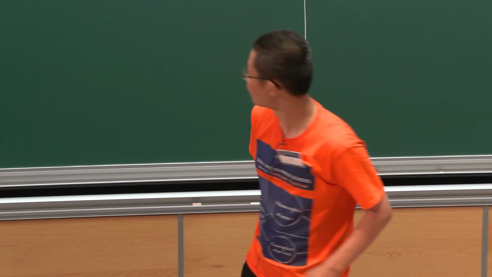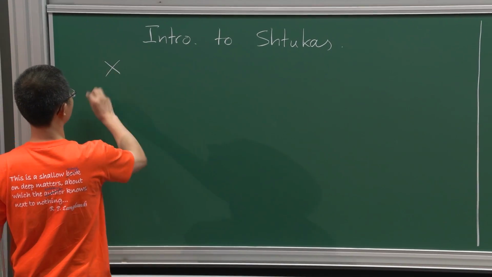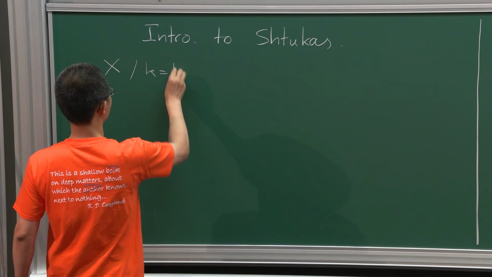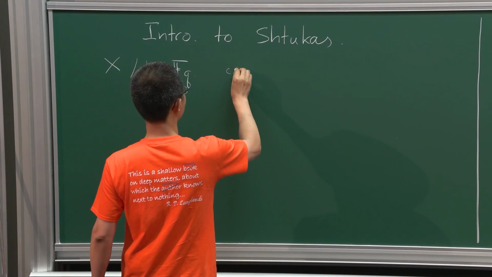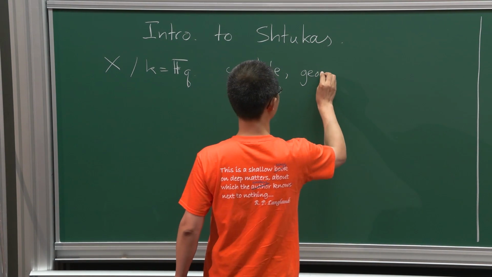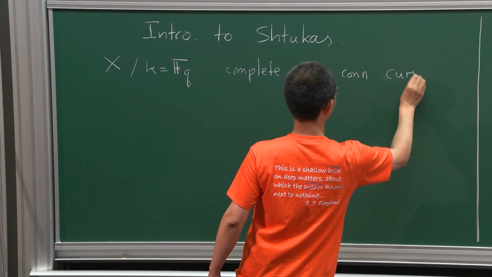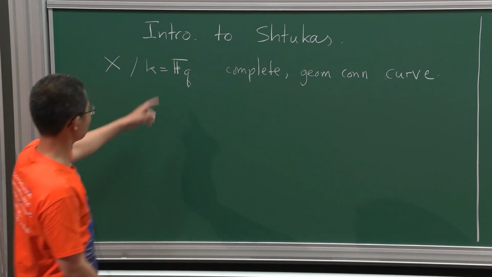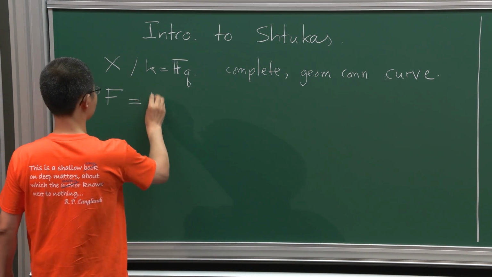Okay, so fix some notations. I'll work with a fixed complete geometrically connected curve over a finite field F_q. F denotes its function field.